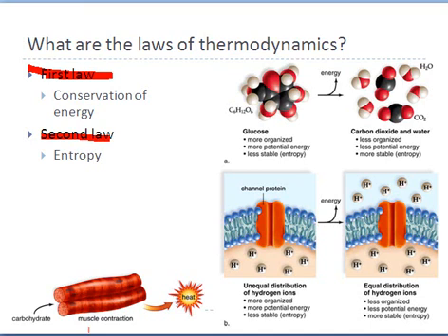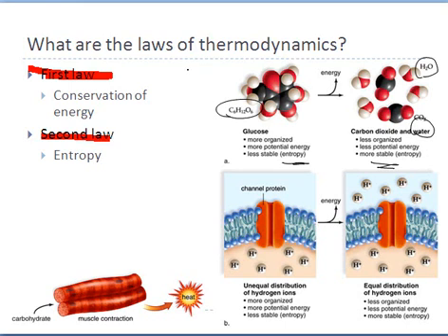Something else that I forgot to mention is the molecule of glucose. Glucose is a much more organized molecule. Why is it organized? Because it's a structured molecule that has a formula of C6H12O6. It has a lot more potential energy, but is very unstable. When it breaks down to carbon dioxide and water, which are smaller molecules, it creates less organization but more stability, and it has less potential energy.